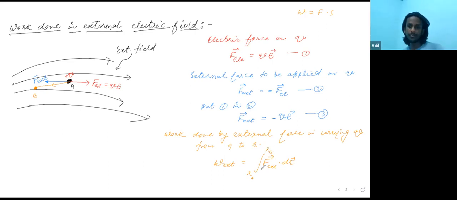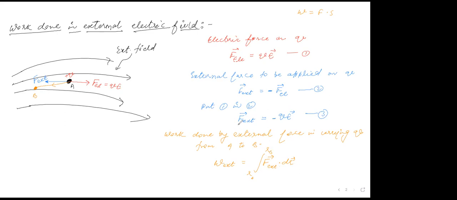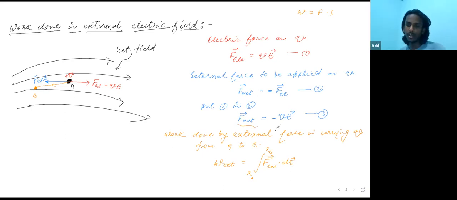This is your W external. You can take it as equation number 4.